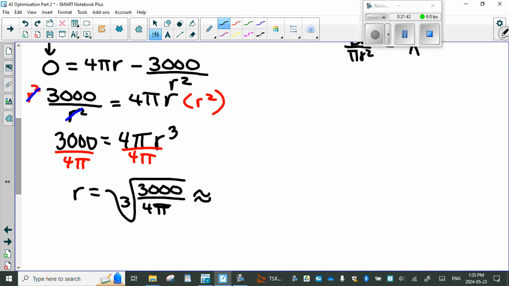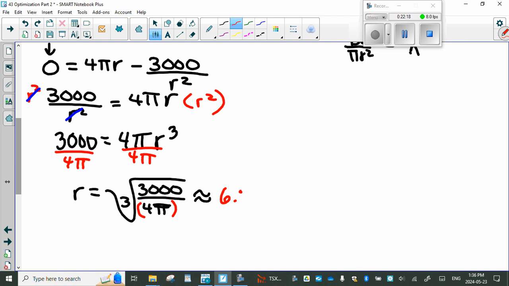And then make sure you can get an approximation for that on your calculator. Use brackets around the 4 pi when you're entering it in for most calculators, or you won't get the correct number. And you guys get 6.2 approximately?